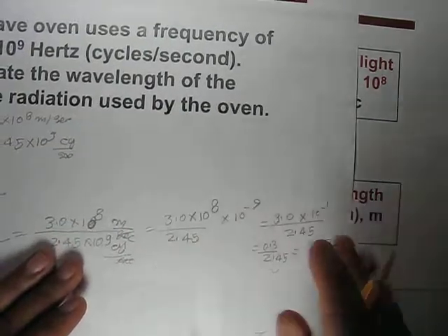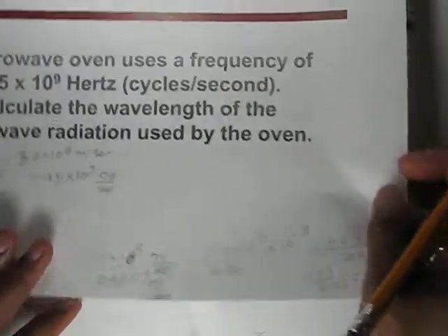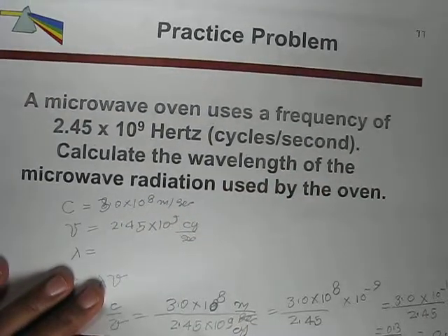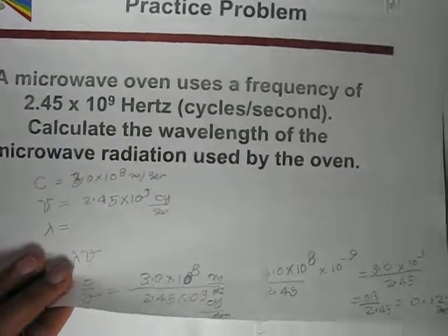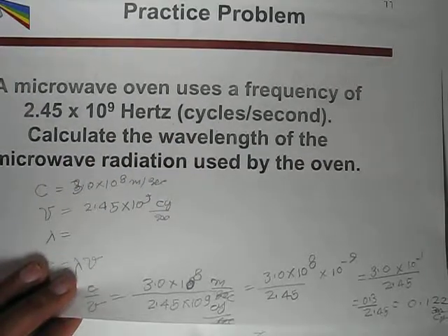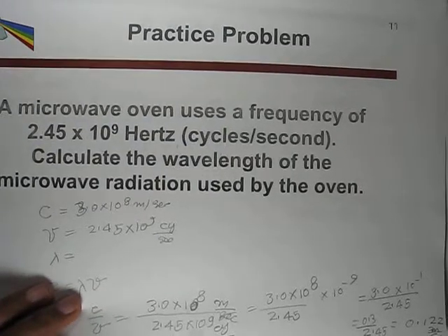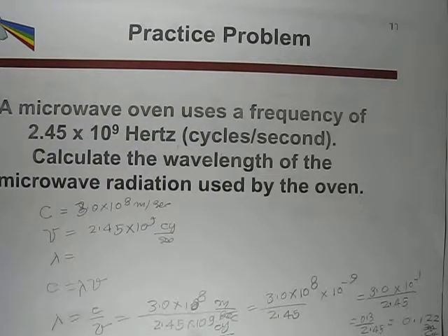So this will be the wavelength for the microwave which we use, the microwave which has this frequency. So this was about the electromagnetic waves and how we can calculate their wavelength and frequency with the speed of light. And next we will study the energy of the waves.